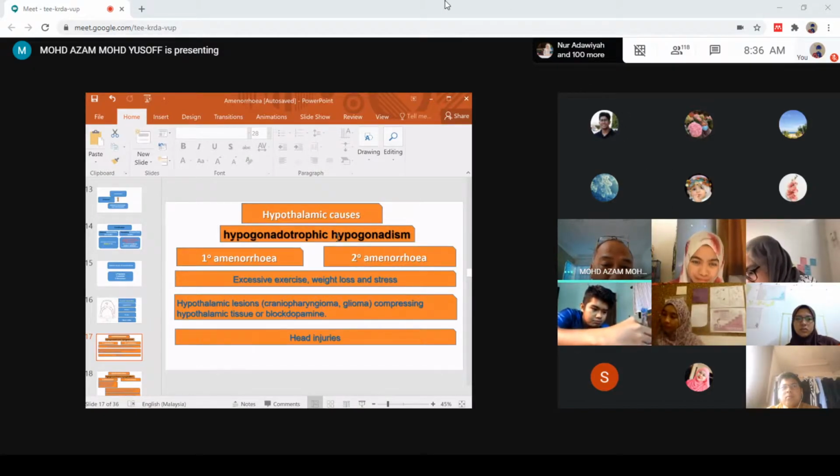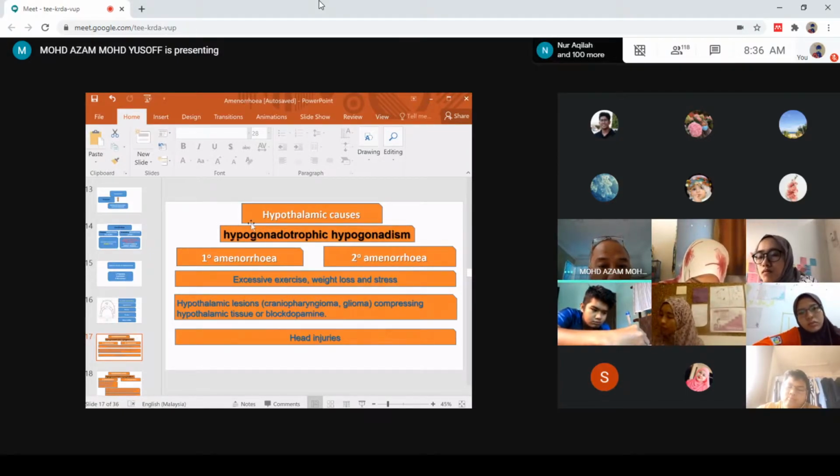So hypothalamic causes: hypogonadotrophic hypogonadism. There are many causes actually, this is one of them. We call the hypothalamic cause hypogonadotrophic hypogonadism. What does it mean?